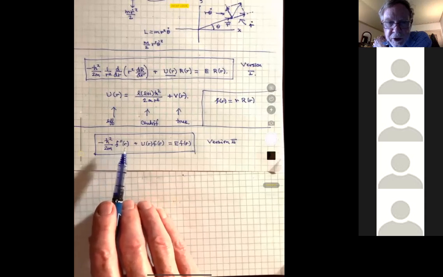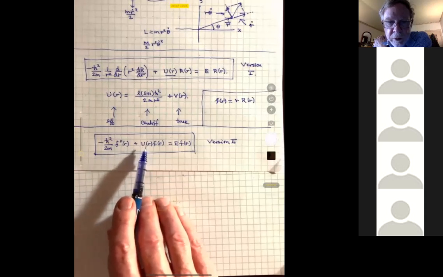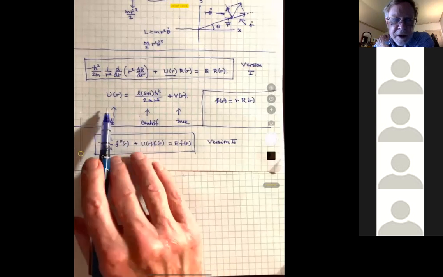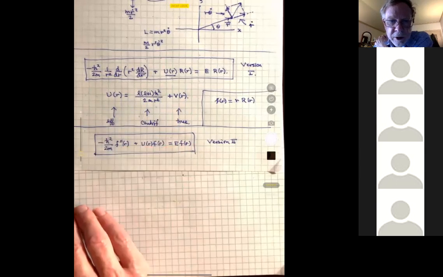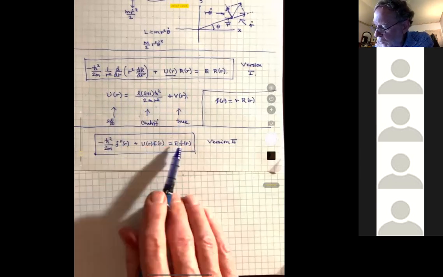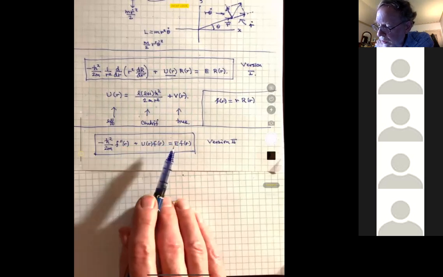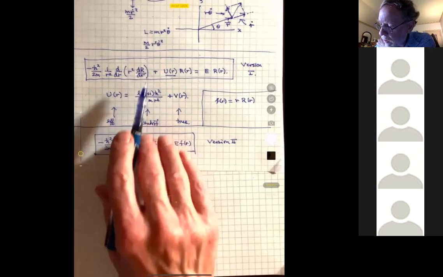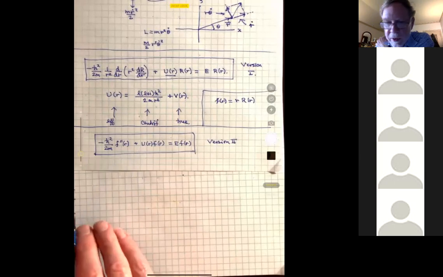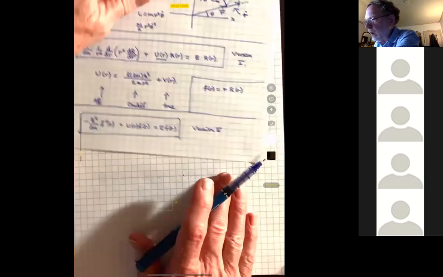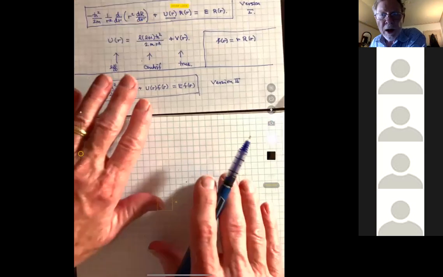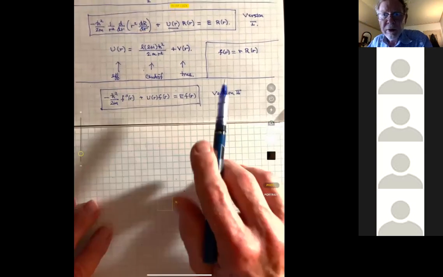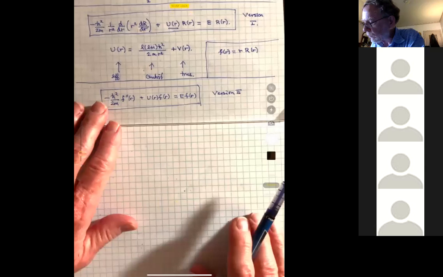Also, in the 1D Schrodinger equation you'd have the true potential here, whereas in version 2 of the radial Schrodinger equation, you have the effective potential, which is the sum of the true potential and the centrifugal potential. But except for that, it has the same form, and it's easier to remember version 2 than version 1, because it just looks like the usual 1D Schrodinger equation. You can solve either one of these Schrodinger equations, whichever is easier for the problem you've got, and then transformation of the radial wave functions is easy.